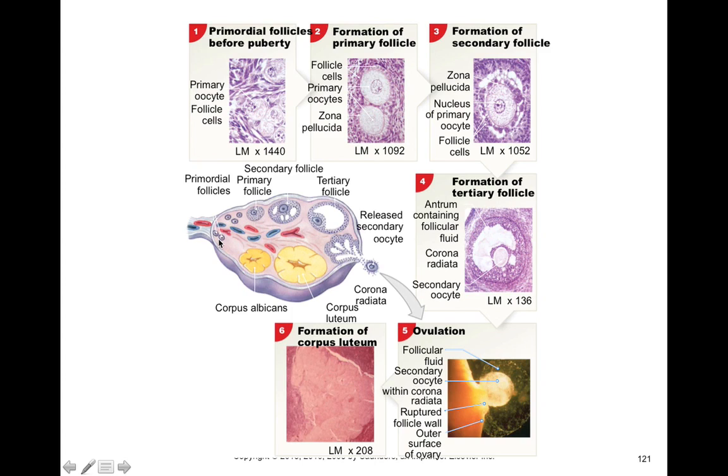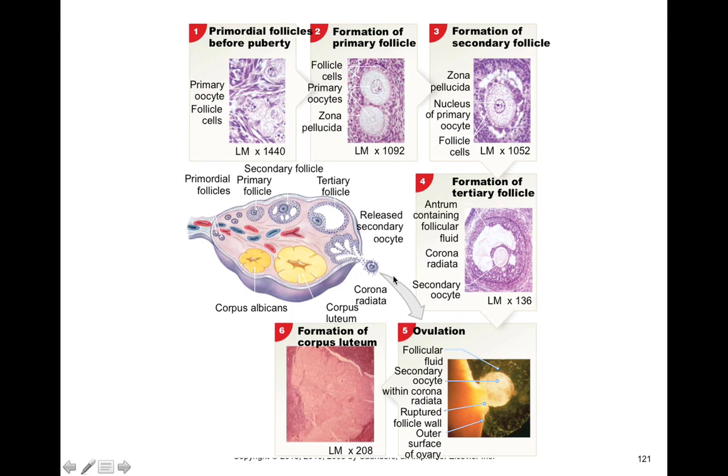So we start out with these primordial follicles, which begin during fetal development. In these primordial follicles, you're going to find primary oocytes, and these primordial follicles will start to develop into primary follicles once every 28 days, or once every ovarian cycle. And these primary follicles will develop into secondary, tertiary, and then antral follicles, which get ovulated.